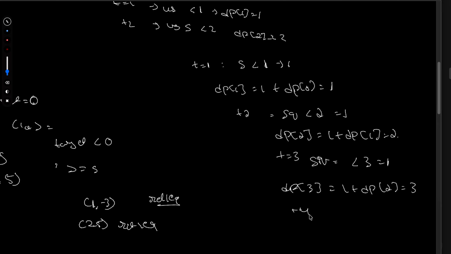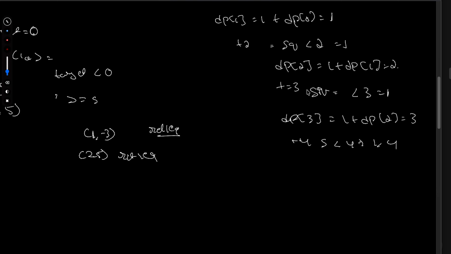t is 4: squares less than or equal to 4 are 1 comma 4, and DP of 4 is the minimum of 1 plus DP of 3, and 1 plus DP of 0.